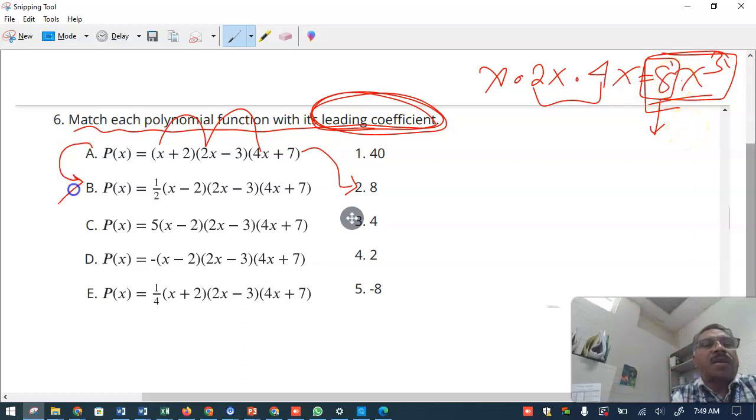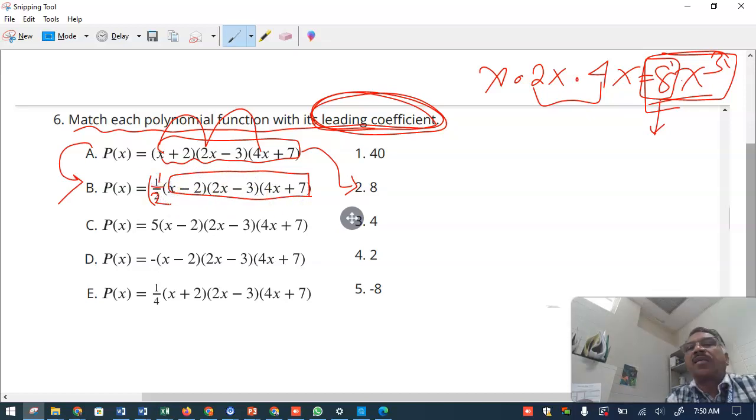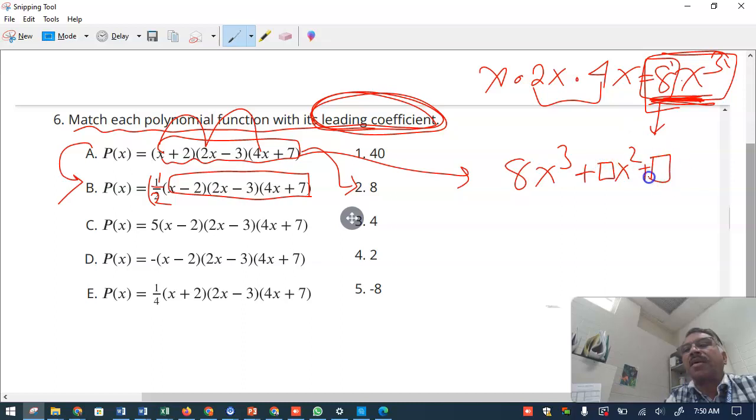What changes from A to B? There's a half. Everything is the same. So this part is the same. This part is the same. All you do is multiply by half. That means the answer that we got here, 8x cubed. So when you work this out, maybe the starting term will be 8x cubed, and there will be some number times x squared, some number times x, and some number.